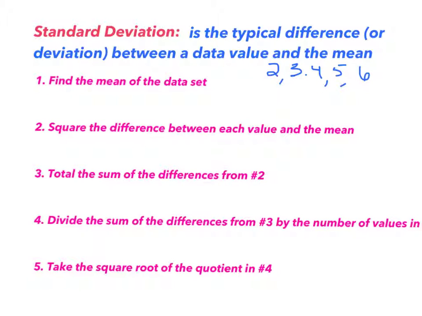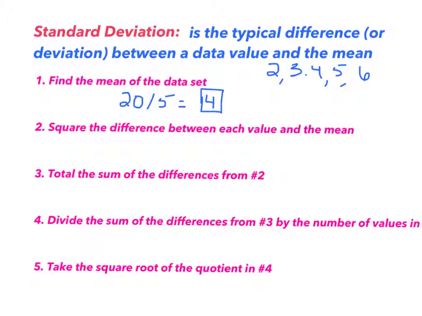To find the mean, you just take the average, so you add them up and divide by how many you have. When you add up 2, 3, 4, 5, and 6, you get 20. You divide that by the number of values that you have, which is 5. So that means our mean for this particular data set is 4.